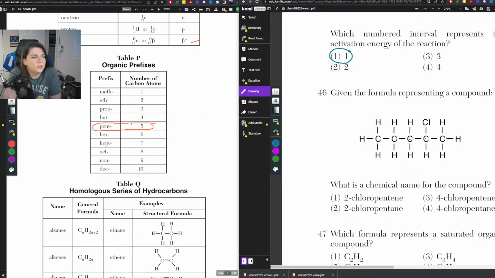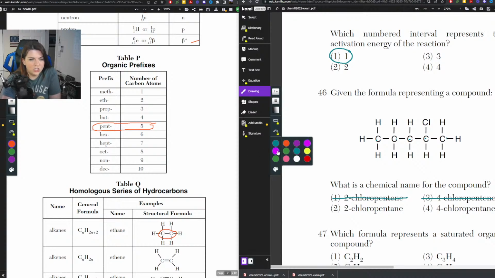Right, we got 5 carbons, so we're looking at pentane. And then we have all single bonds, like this right here. So this is not pentene. It is a pentane. The question is, is it 2-chloropentane or is it 4-chloropentane?